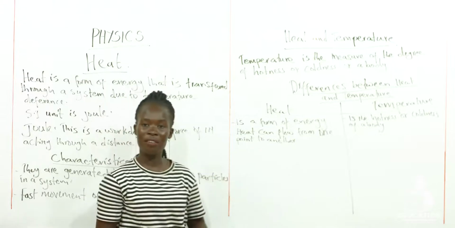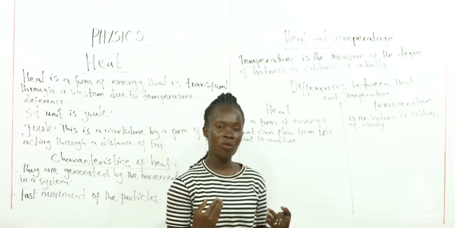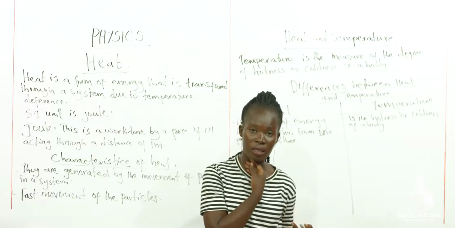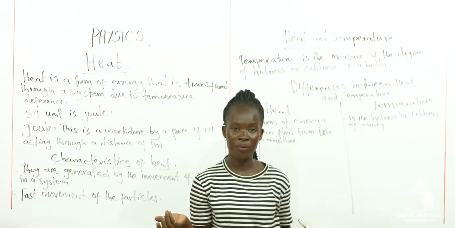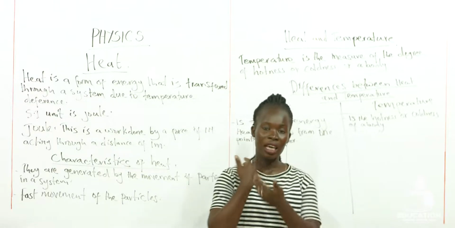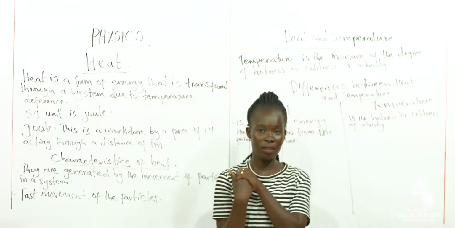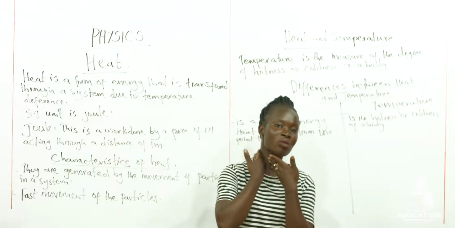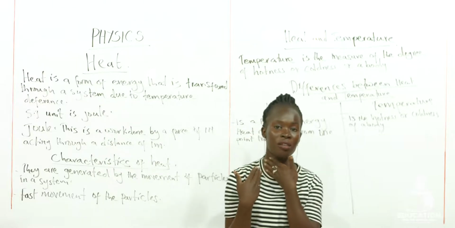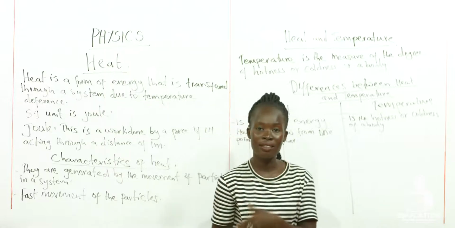But then can temperature really flow from one point? Because I talked of the example of touching you to check whether your body is warm or cold. After touching, does it move? But then there is this situation. When you're touching, what happens is that if it is hot, you also feel the warmth in your hands. So if you feel this, does it mean that the temperature has transferred from your body to the person's hands? No, it is not the temperature that has transferred there.